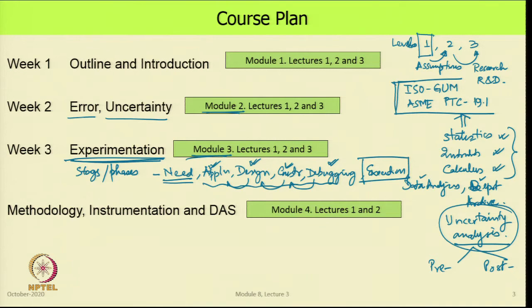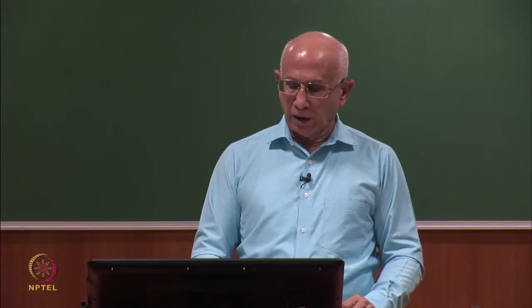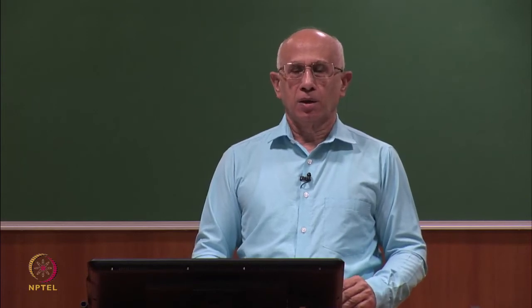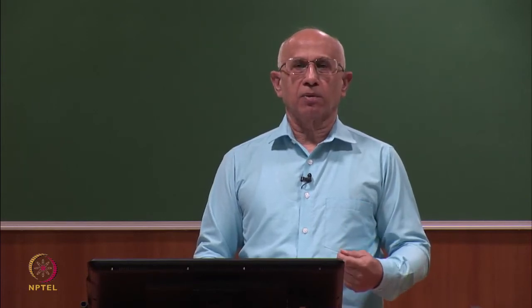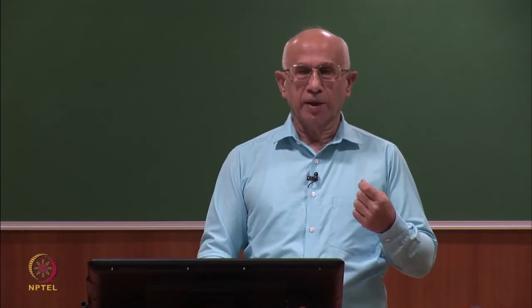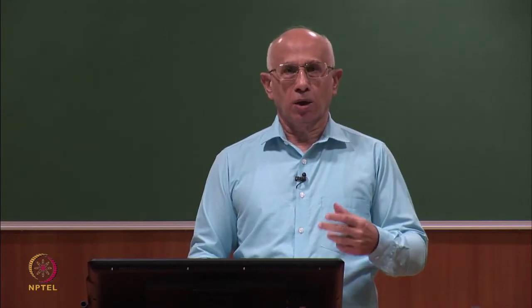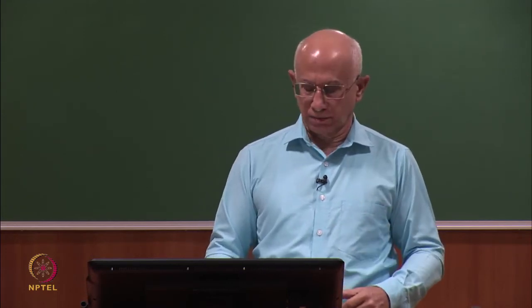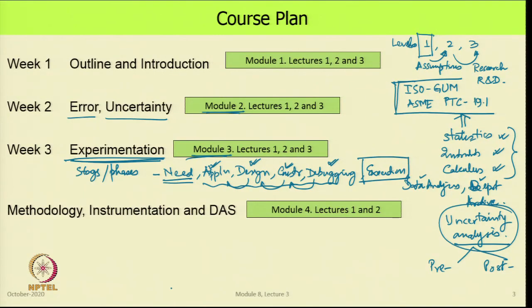Then we went into something else, and there was a need for it, because in an experiment all the data that we get, which is the measurement, comes from an instrument or a sensor or some electronics associated with it. So, we said, what is the broad methodology by which we do uncertainty analysis? Where do instruments and the data acquisition system come into that?